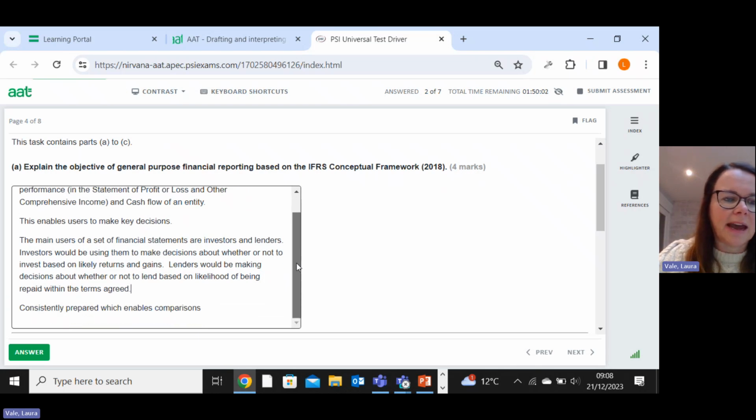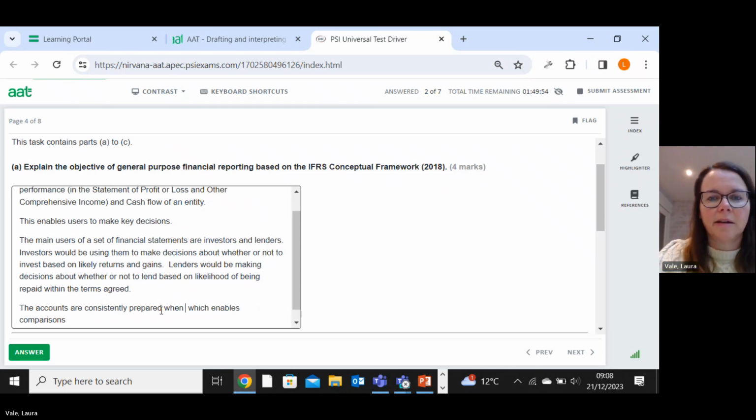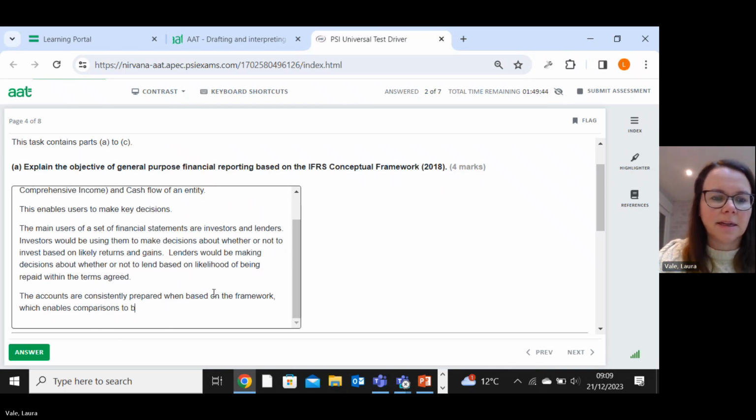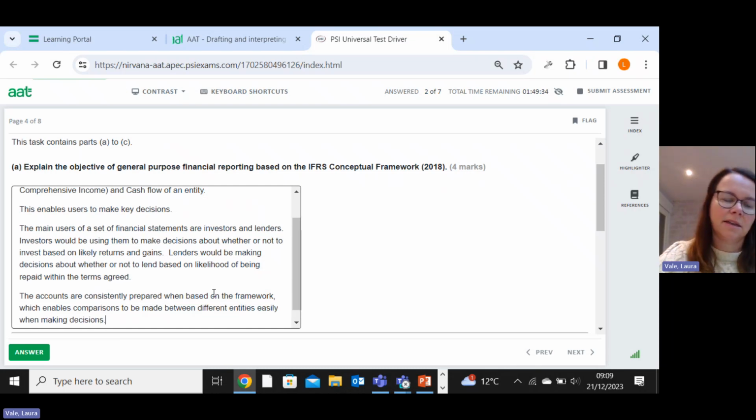And then I could add the accounts are consistently prepared when based on the framework, which enables comparisons to be made between different entities easily when making decisions.